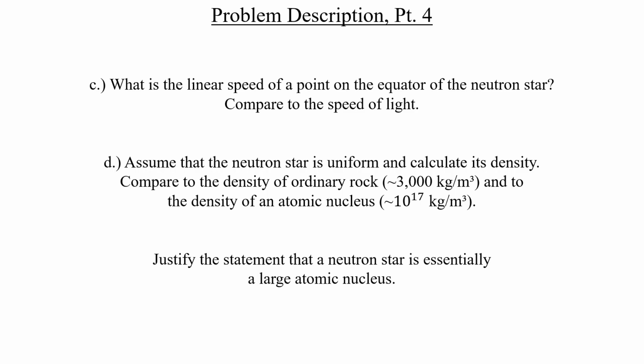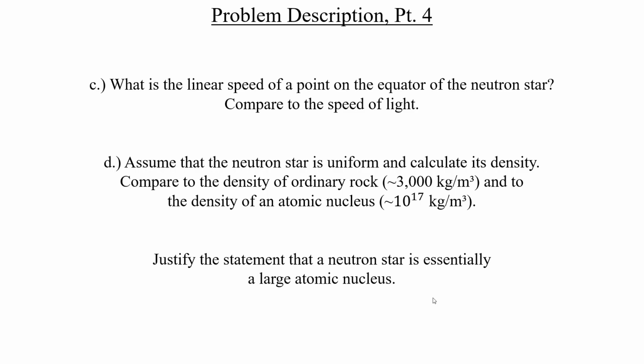And the speed of light will be our benchmark to compare it to, since this thing is just spinning so fast. And finally, in part D, we're going to justify the statement found at the bottom, which claims that a neutron star is essentially a large atomic nucleus.